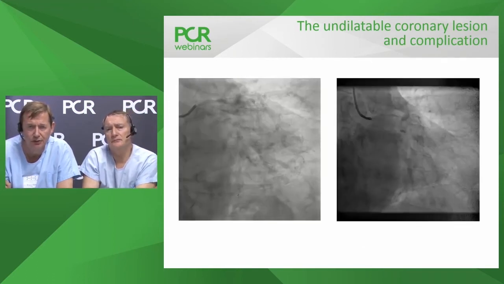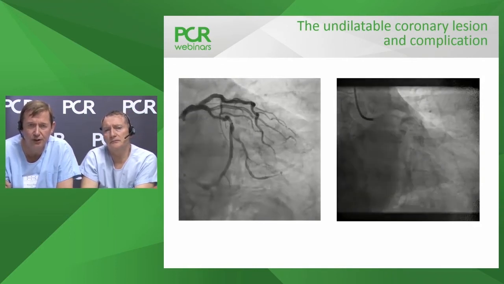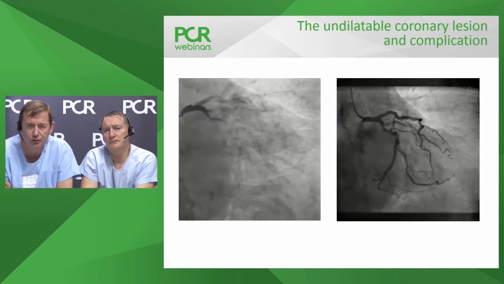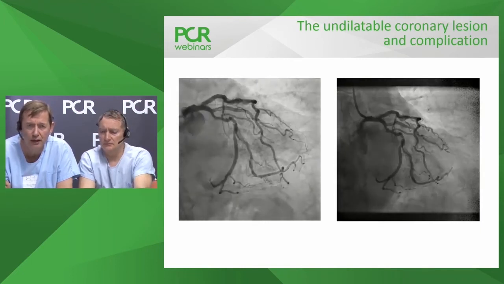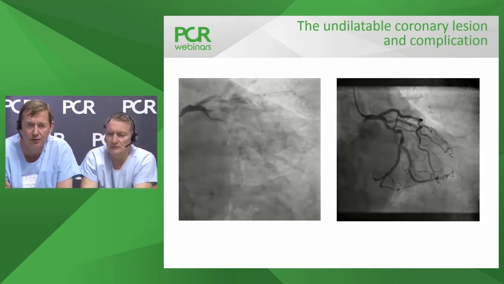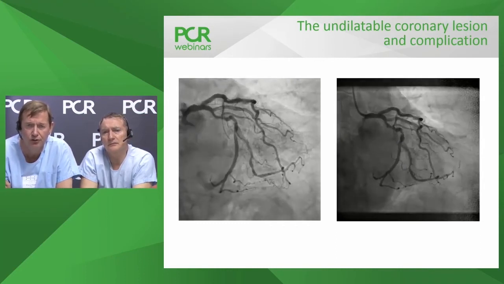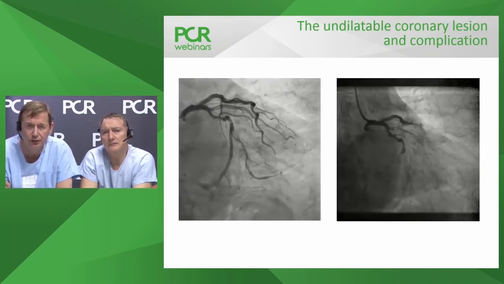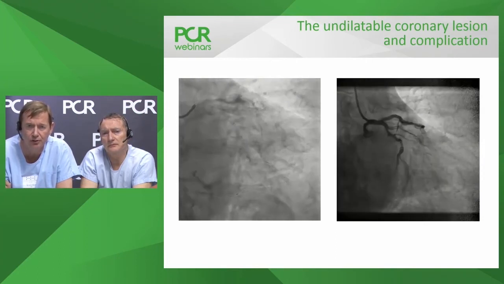And the final result of which there was extensive dissection, you can see, of the first high obtuse marginal, which was caused by an injudicious placement of a wire, and then a complete spiral dissection due to untreated calcium of the obtuse marginal. And this was transferred to Toulouse for rotational atherectomy treatment.